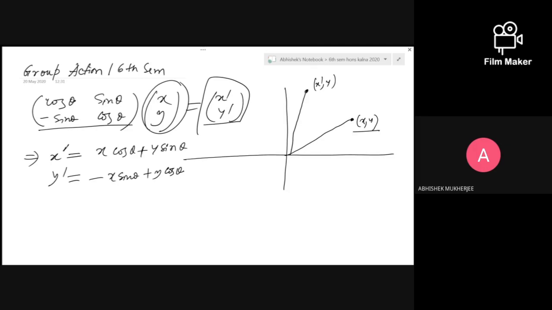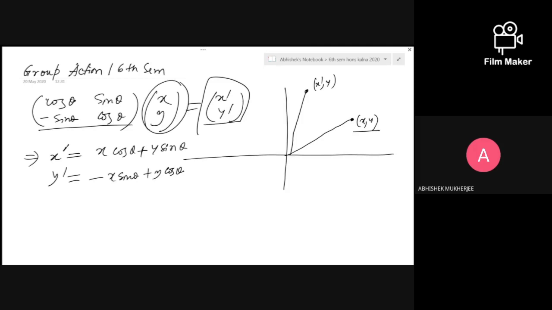Now we shall define this in general by considering a group and a set.